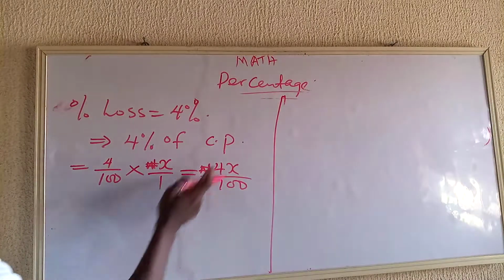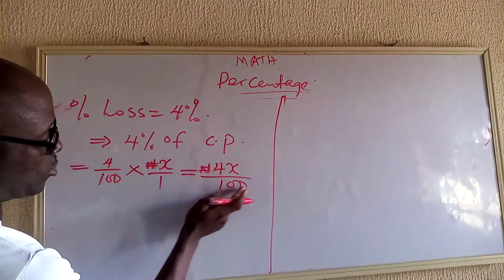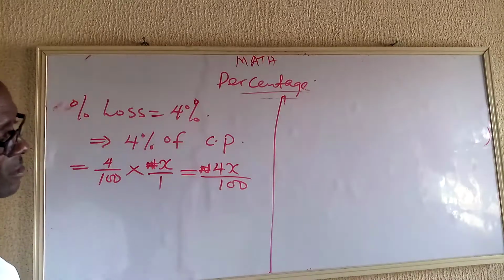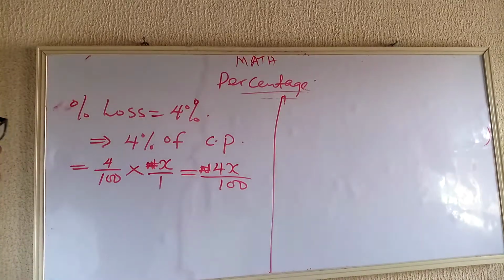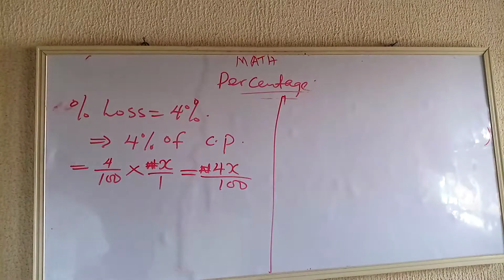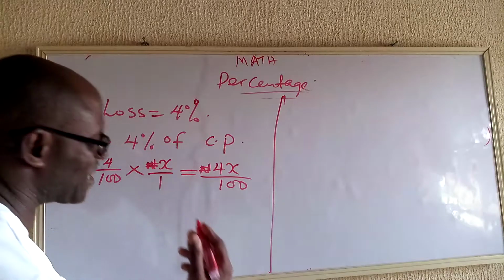If you want to cut it, you can, because 4 can go into 100. That will give you x over 25. But I would prefer to leave it this way so that it will make my addition and subtraction easier to deal with.